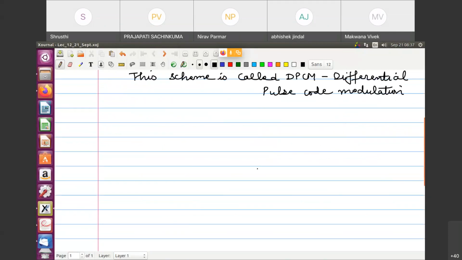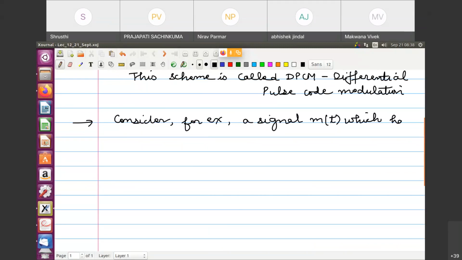Now we will do the motivation of prediction. This is just to motivate. Consider, for example, a signal m of t which has derivatives of all orders at t.